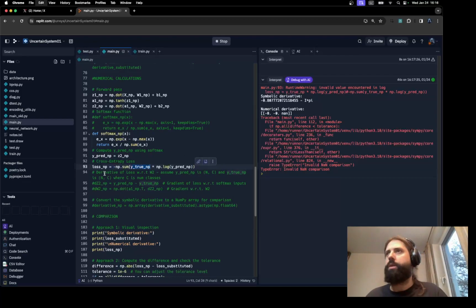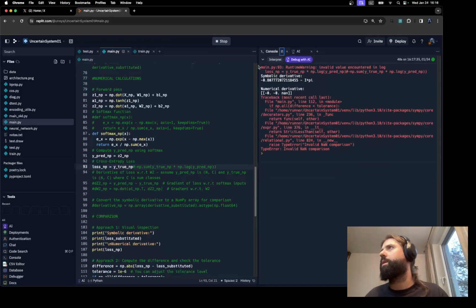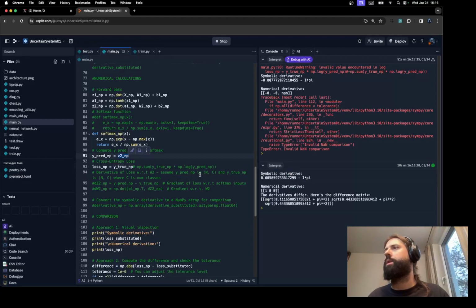Is each of these components for some reason not a number? Well, that cannot be not a number. But the log of y pred np could be not a number. So for sure, is the log of anything not a number?